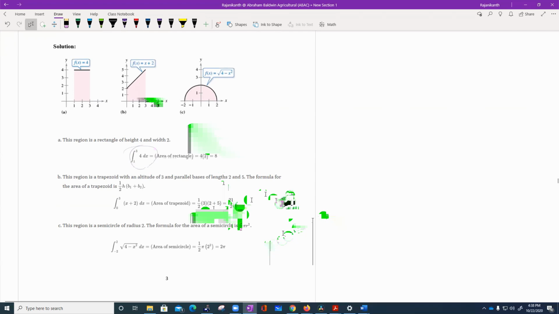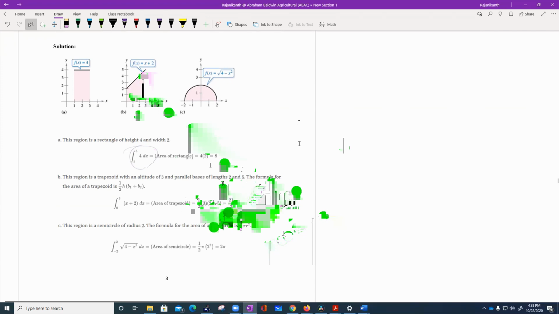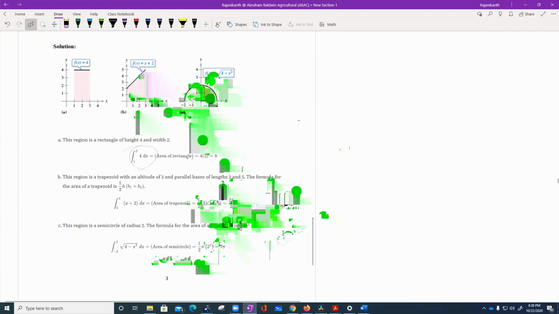Simply use that formula. The third one is a semicircle from negative 2 to 2, and we know how to find the area of a half circle. So this is the relationship between the antiderivative and the area of the given curve.